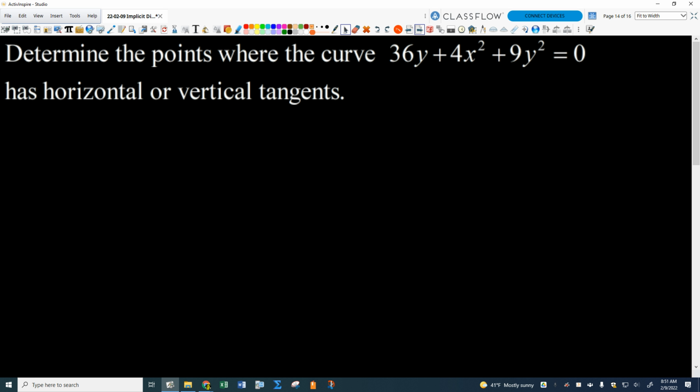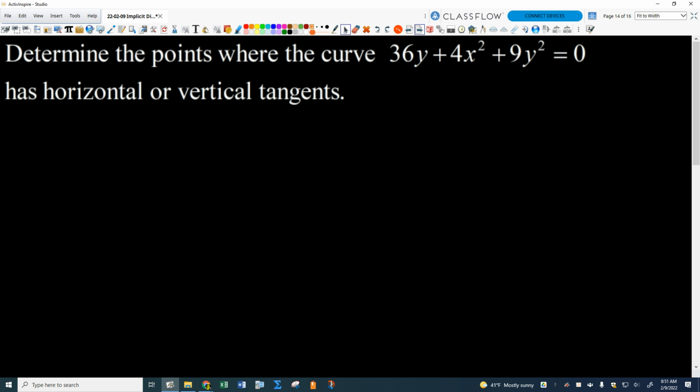Any ideas for strategy here? Lucy, you got an idea how we could approach this one? Okay, right. Everybody agree? Now, this is going to be a derivative issue, isn't it? Because if we want to know where we have horizontal tangents, what's happening when we have horizontal tangents always? What would be true there?